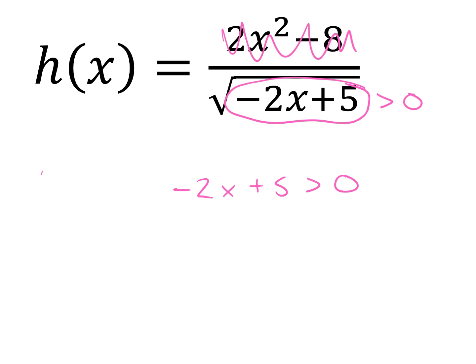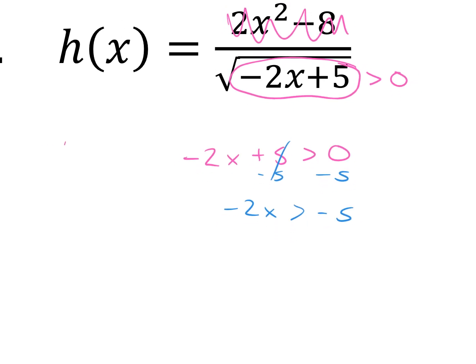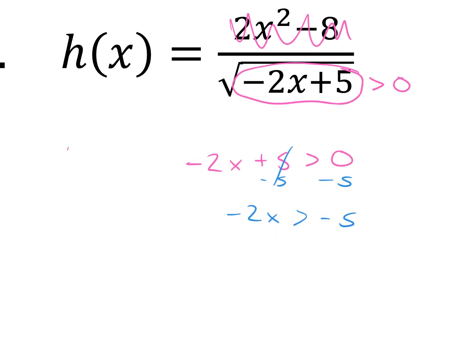Now we solve. So what would I do to solve here? Subtract 5. So negative 2x is greater than negative 5. What would I do next? Divide by negative 2. What do we have to remember to do if we divide or multiply by a negative number? Flip the sign. So it goes from being greater than to now less than.